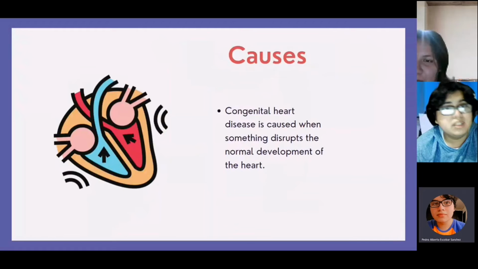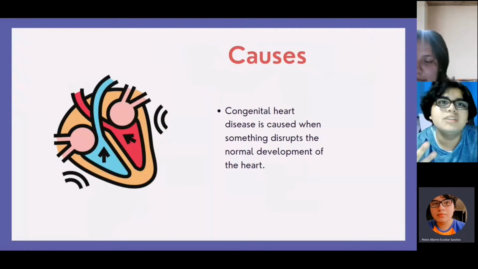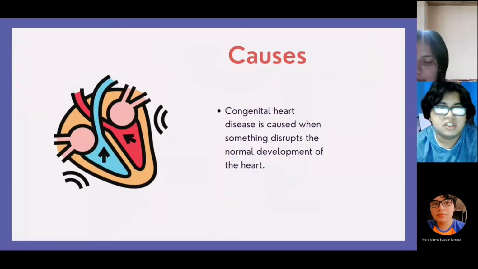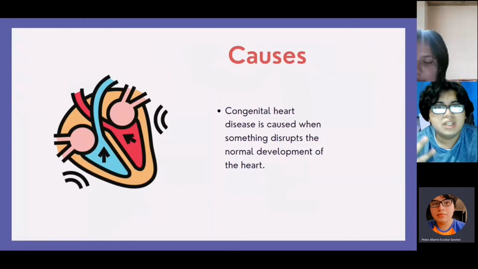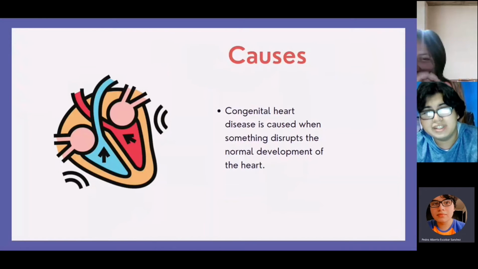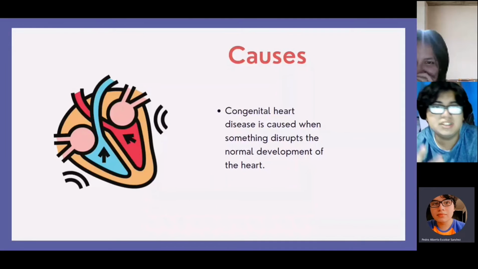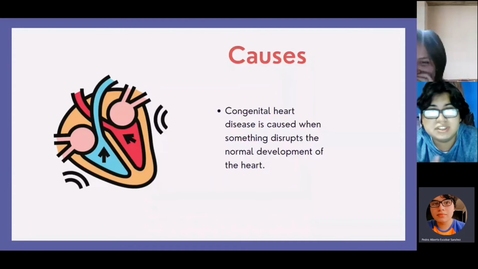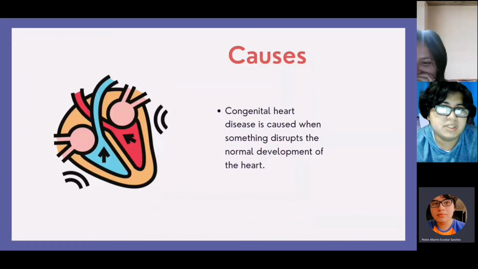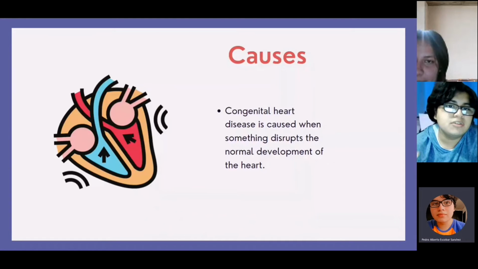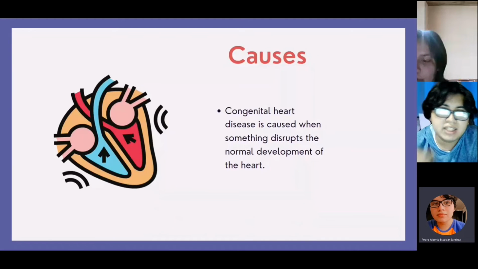It can be through genetic conditions, like Down syndrome, which is the most widely known genetic condition that can cause congenital heart disease. Children with this syndrome are born with a range of disabilities as a result of a genetic abnormality. Half of the children with Down syndrome have congenital heart disease, and in many cases, it is a septal defect.